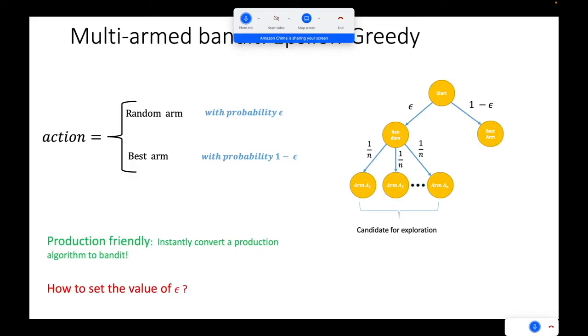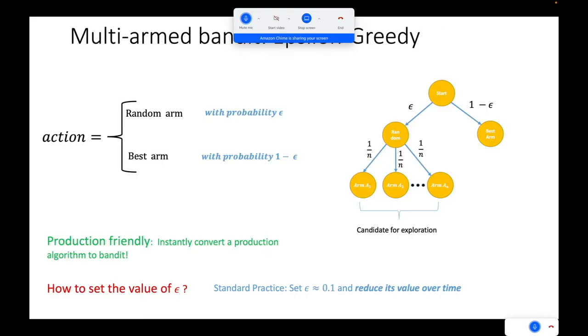Now, how do you set the value of epsilon? That's more of an art. You can start with the common practices: start with some value and then reduce it over time. Whether you reduce or not depends on how stationary the environment is.